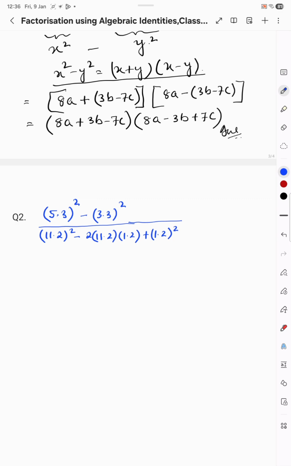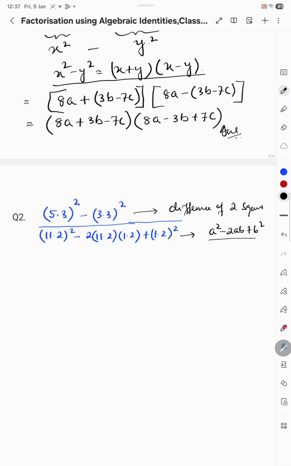Now carefully looking at this expression, see the numerator is difference of 2 squares, and the denominator we can match with a square minus 2ab plus b square.